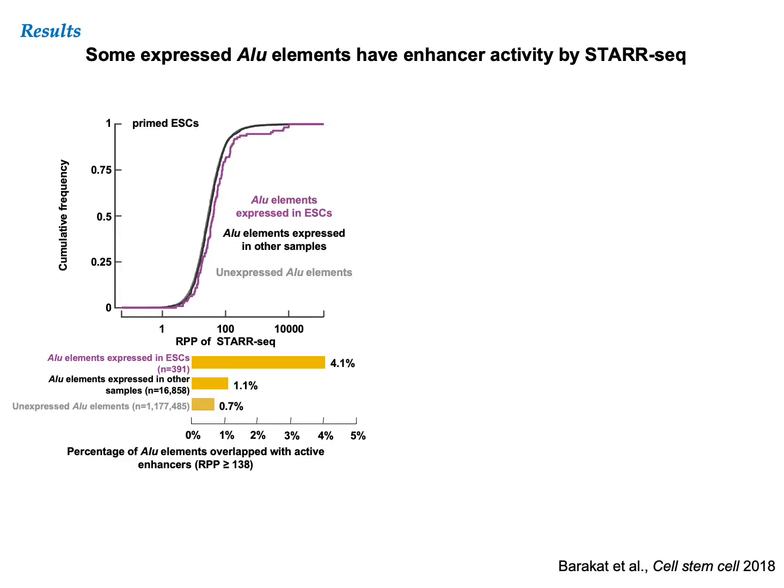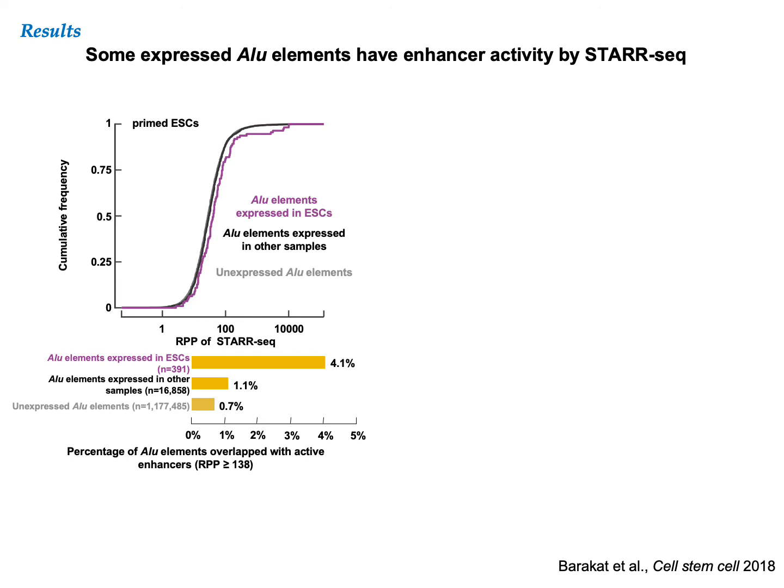In search of direct evidence that expressed Alu elements may function as enhancers, we examined three types of high-throughput assays that provide a direct readout of enhancer activity of select genomic regions. First, we tested for overlap with enhancers detected by STARR-seq in primed embryonic stem cells.